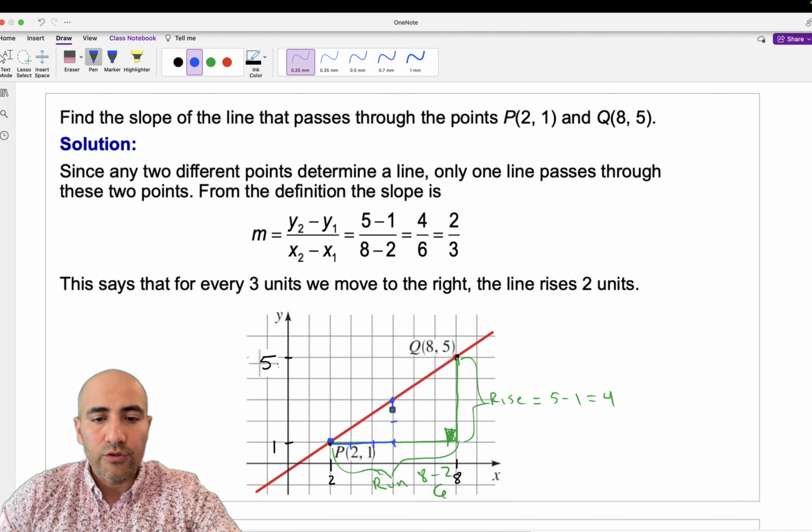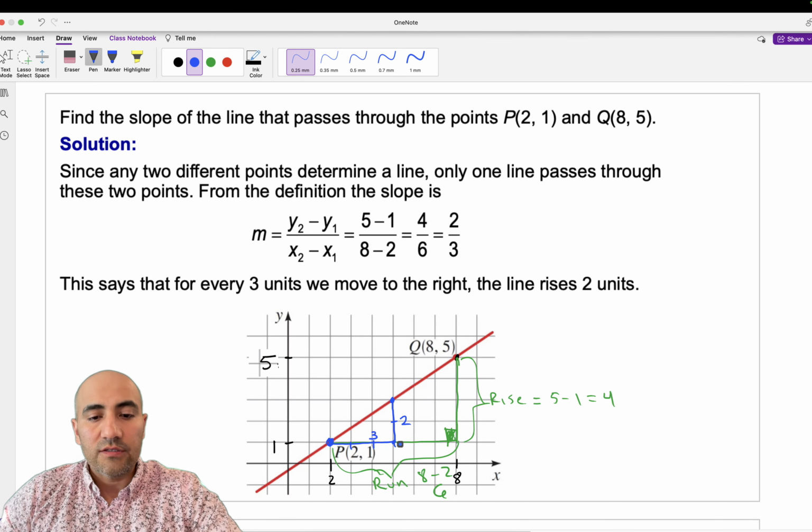All right, so this is the reduced fraction of 3 units this way, 2 units this way, so 2 over 3. Okay, so for every 3 units in the x-axis direction, starting at a point on the line, then we go up 2 units.